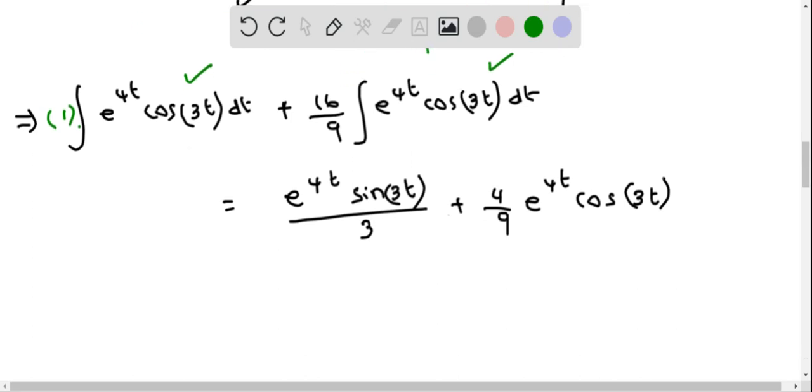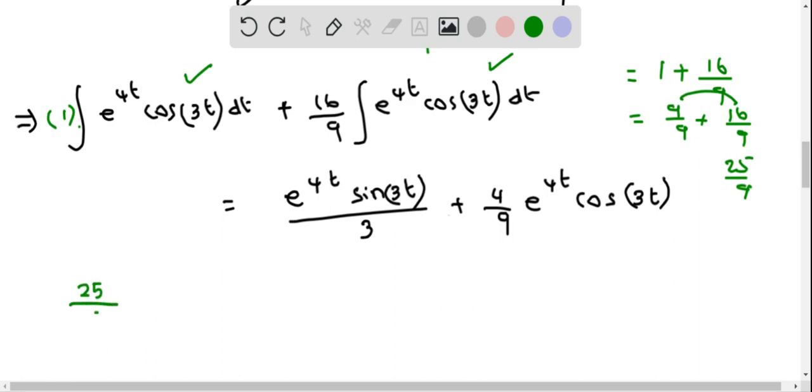So when we factor this integral, we just have to add the fractions, that is 1 plus 16 by 9, and 1 can be written as 9 by 9 plus 16 by 9. So 9 plus 16 is 25 by 9. So we'll be getting the factor 25 over 9 of the integral of the left side expression, that is e power 4t cos of 3t dt.